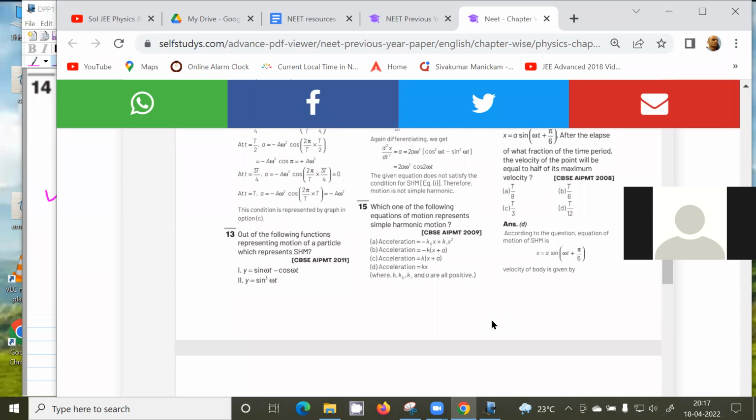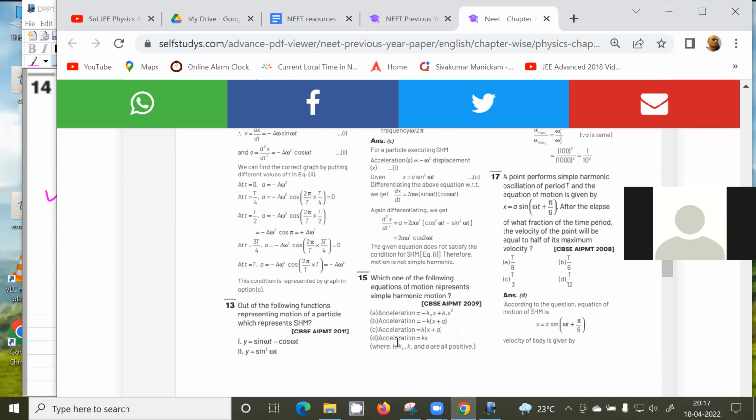Okay, k will be omega square. Yeah, so option B is valid. Option C is out, option D is out. So why is option C not valid? No, B is okay. K is positive then.